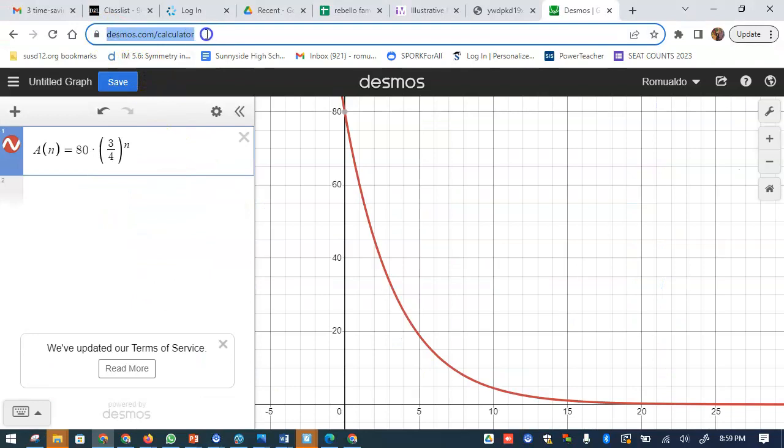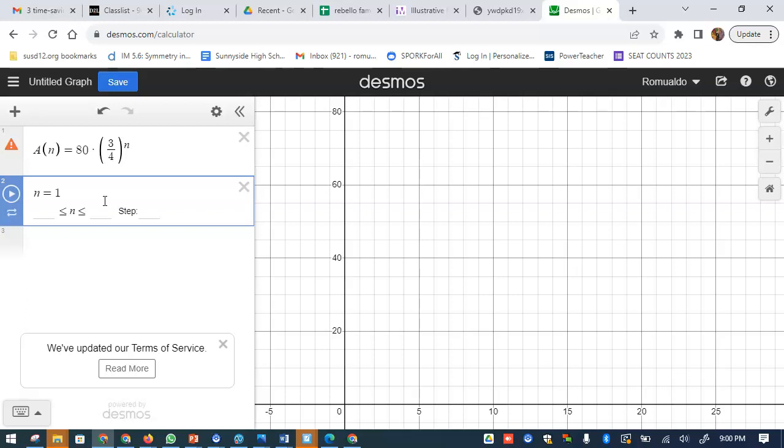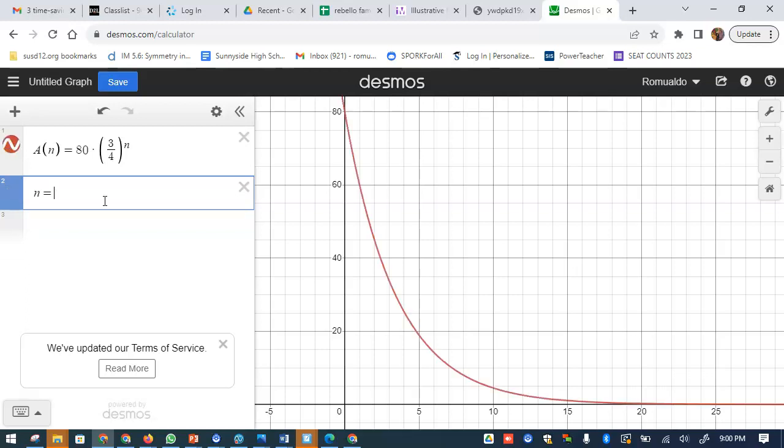Just if I type in desmos.com calculator and put that same equation, n equals 80 and all that, and see what that 80 basically is in the beginning, the y-intercept, that's where it starts. And then I can just write here maybe, okay, so n equals 1. No, make a table.